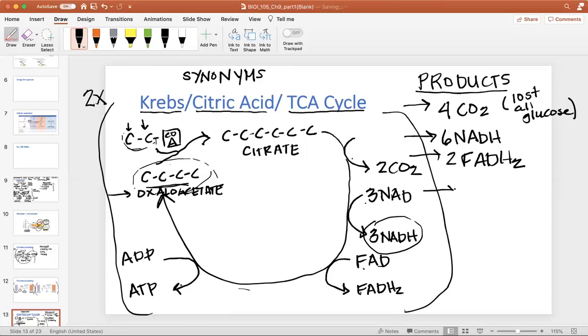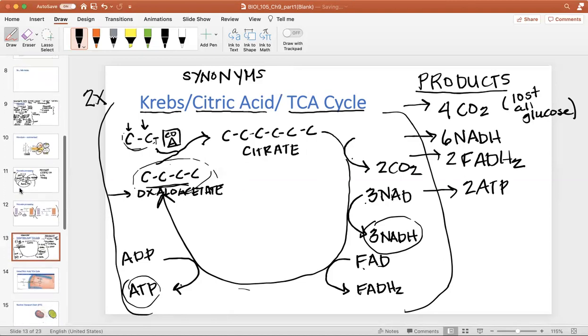And the last thing that you're going to get is 2 molecules of ATP, because again, this thing is turning 2 times. So for every molecule of glucose that goes into this system, these are the products that the citric acid cycle generates. Now, I think it's helpful to look back up a bit and look at an overview, okay?